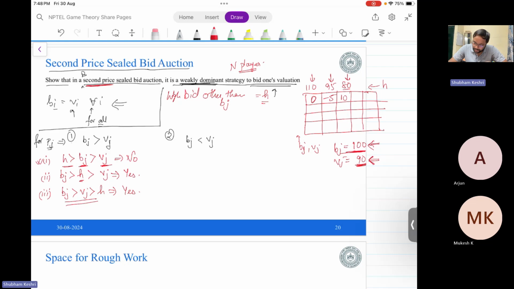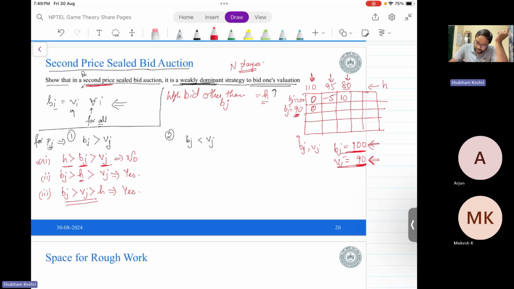So his bid BJ was 100 in this case. Suppose his bid was 90, so he is bidding exactly his valuation. In the first case, he is bidding a value higher than his valuation. In the second case, he is bidding exactly his own valuation. When he is bidding 90 and the highest bid was 110, he is losing, so his utility is 0.